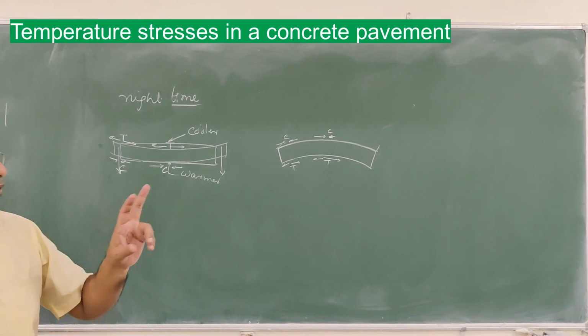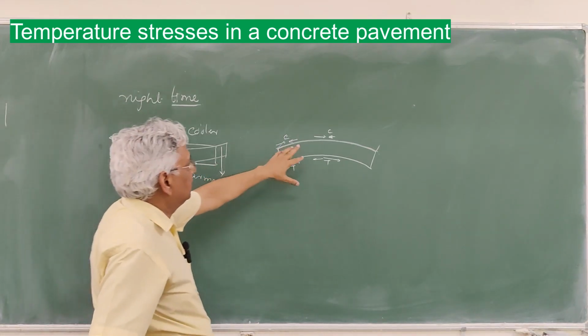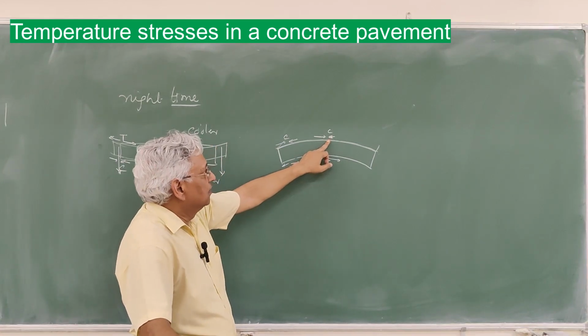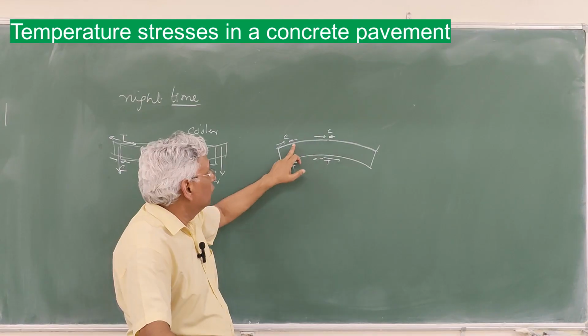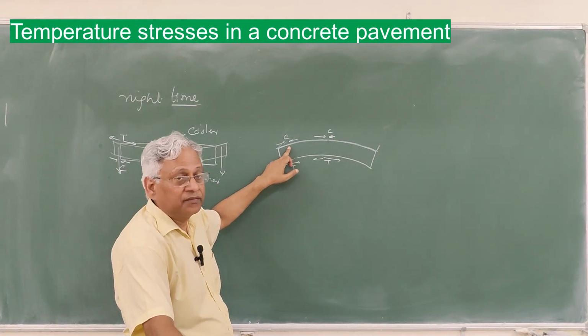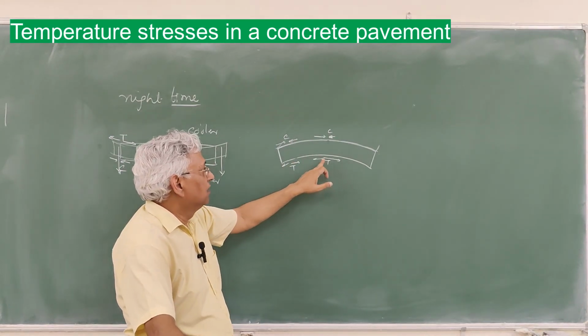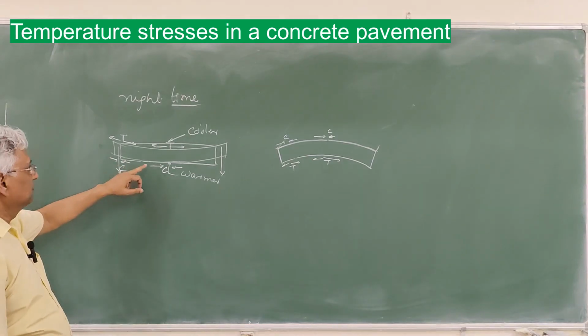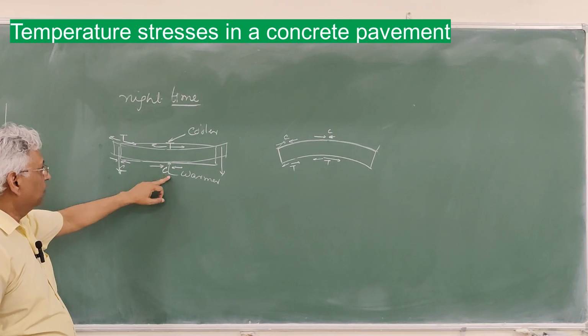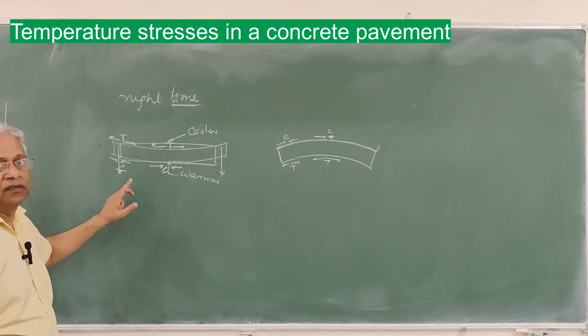So during daytime, you have this situation when compression is at the top, at the interior, edge and also at the corner, and tension is at the bottom at the interior, edge and the corner. And during night time, it is the reverse: tension at the top and compression at the bottom.